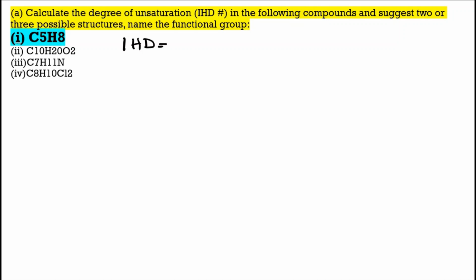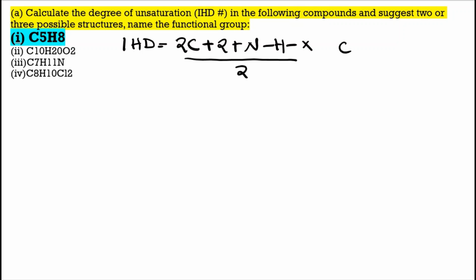The formula that we use to calculate the IHD is (2C plus 2 plus N minus H minus X) over 2. In this formula, the C stands for the number of carbon atoms. The N stands for the number of nitrogen atoms.